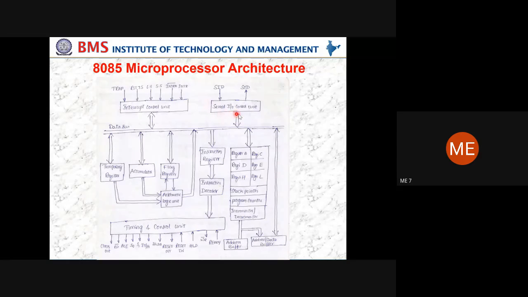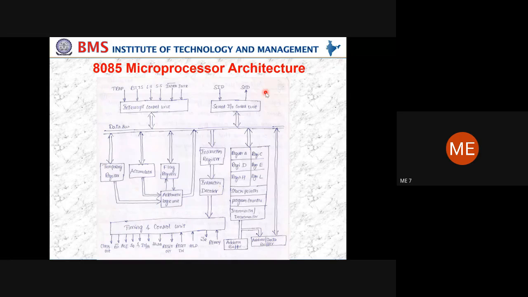Then serial input output control unit. These are all the registers that I have told: register B, C, D, E, H, and L. All these are called temporary registers. Then stack pointer register, that is SP register. Then program counter register, that is PC register. Then incrementer or decrementer, instruction register, instruction decoder, temporary registers, accumulator, flag register, arithmetic logic unit, timing and control unit.